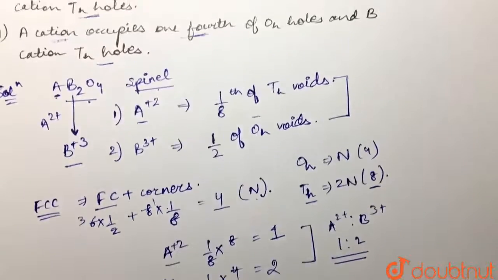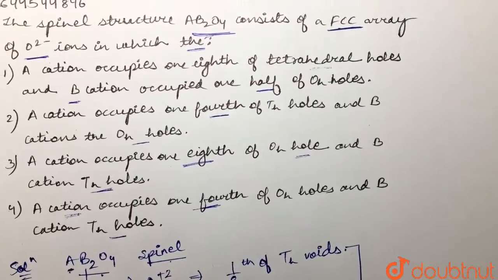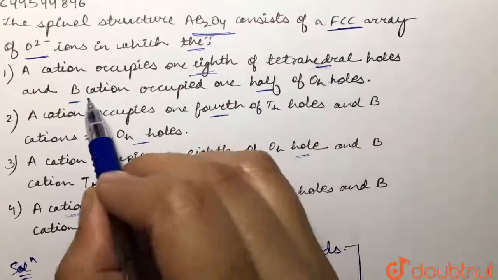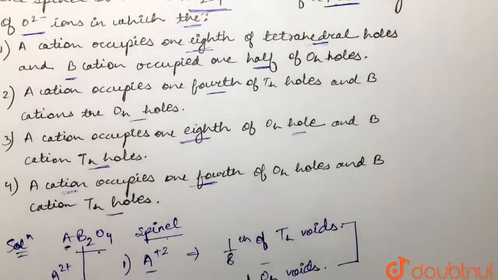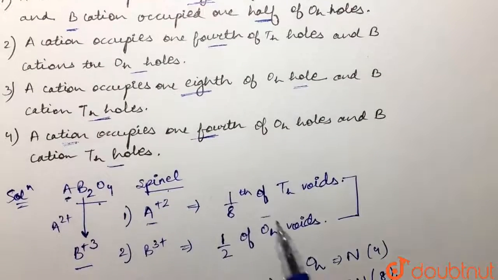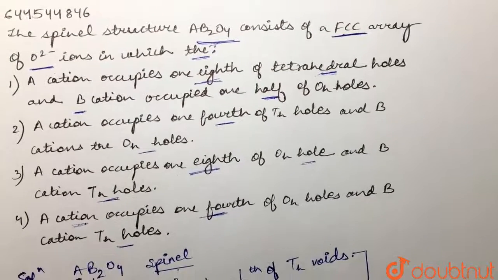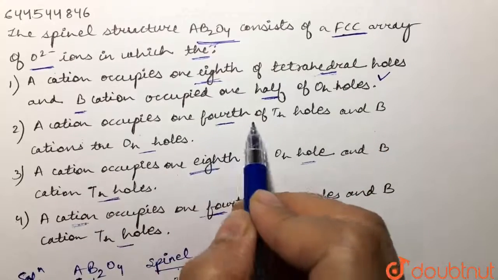Now we're going to see our options. First option is saying that the A cation occupies 1/8 of the tetrahedral holes and B cation occupies half of the octahedral holes. That is what we have seen, right? That the A2 positive is occupying 1/8 of the tetrahedral voids and B is half of the octahedral voids. So this is the correct option with respect to the spinel structure that is given to us. Then they are saying A cation occupies 1/4 of the tetrahedral holes.